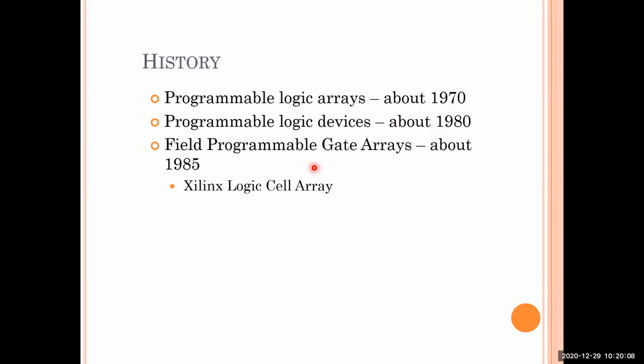Then comes the field programmable gate array, the FPGA, which was introduced around 1985. In the FPGA topic we will also study a chip called the Xilinx logic cell array, which is one type of FPGA. So this is the history of the different types of programmable logic devices.